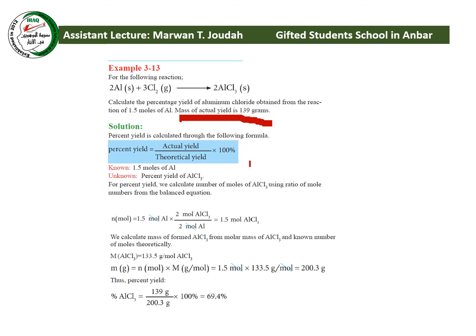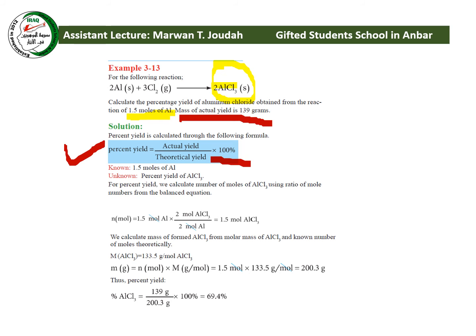What is given here is the number of moles of aluminum, so I need to find the number of moles of AlCl3, and from it I will find the mass.